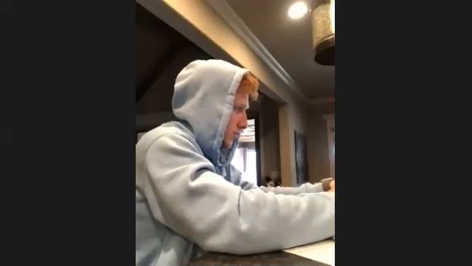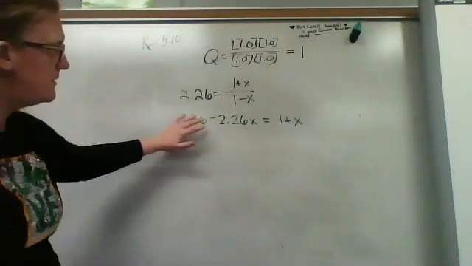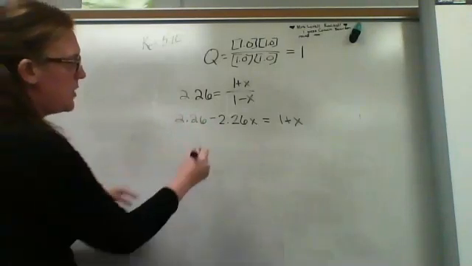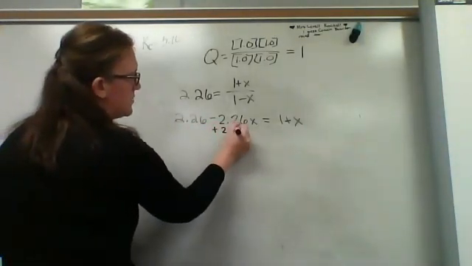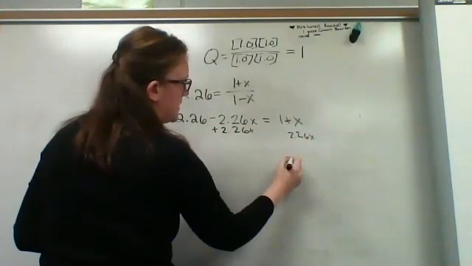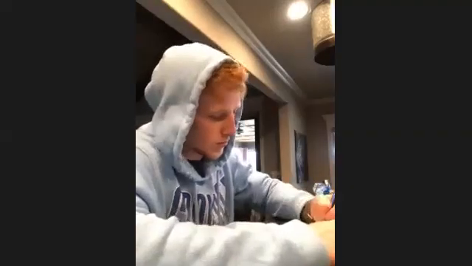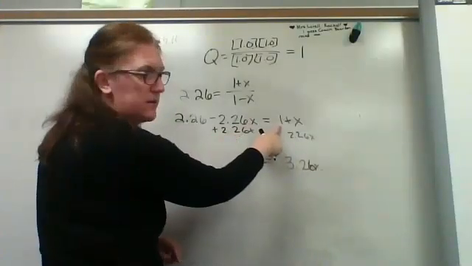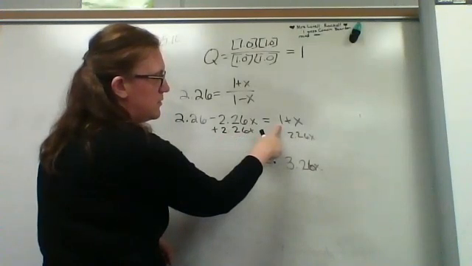Okay. All right. And now at this point, I'm just going to solve for x, right? So I'm going to add 2.26x to both sides. So it'll be 3.26x. And then what do I do with this 1 over here? What do I need to do with that?